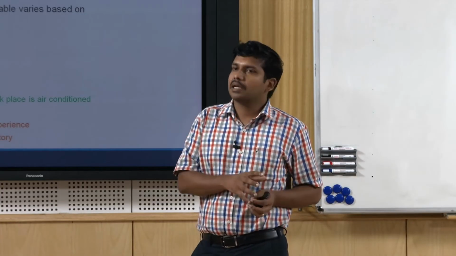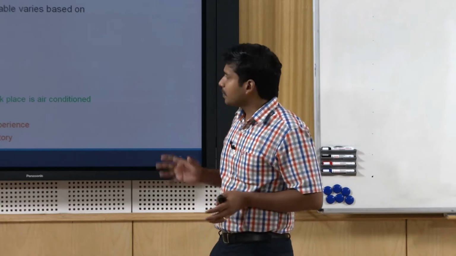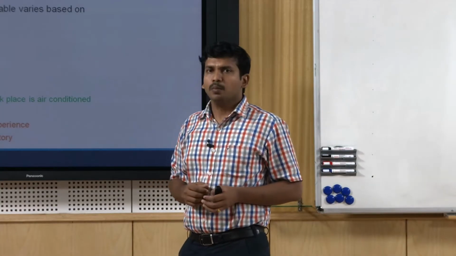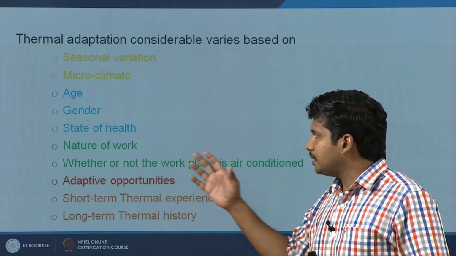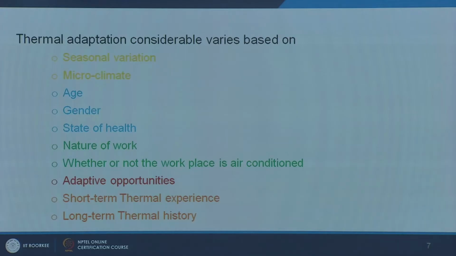It is not your personalized control. Whereas if you have a single cabin, you are sitting in this cabin, then you have more flexibility over the light, fan, opening or closing the window, set temperature, a lot of controls are available. So the nature of work you do, whether the workplace is air conditioned or naturally ventilated, has a lot of impact on thermal adaptation.